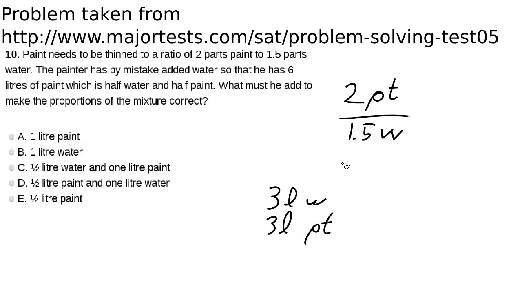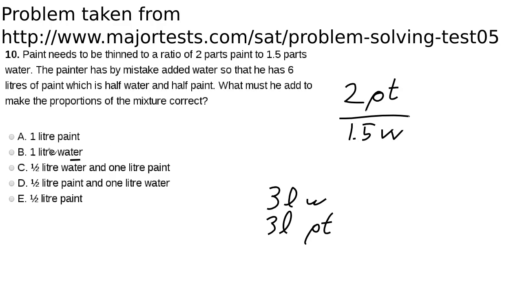If he wants that to have the right proportionality, he could either add water or add paint. Well, let's see. He's got them mixed at the same ratio right now. He really wants more paint than water. So he really should be adding just paint.